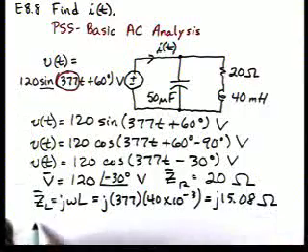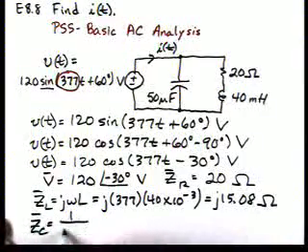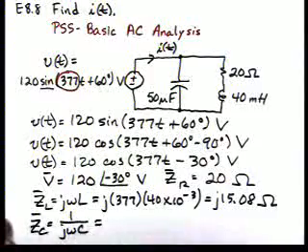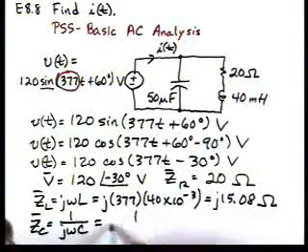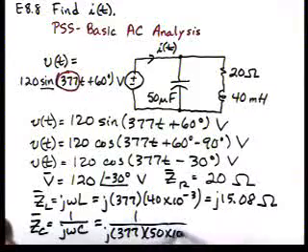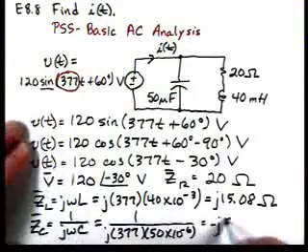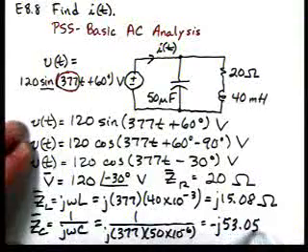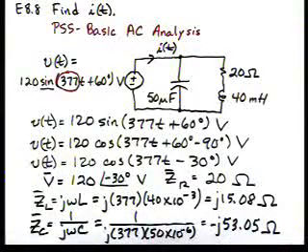And then for our capacitor, Z sub C is 1 over J omega C, so we have 1 over J 377 times 50 microfarads, and that's minus J 53.05 ohms.